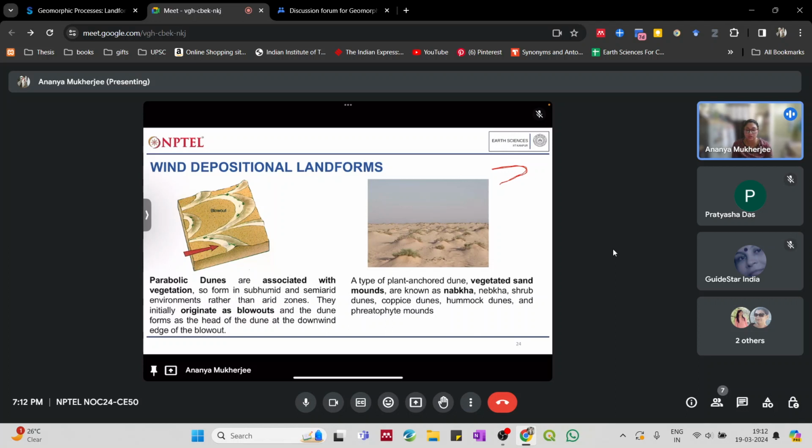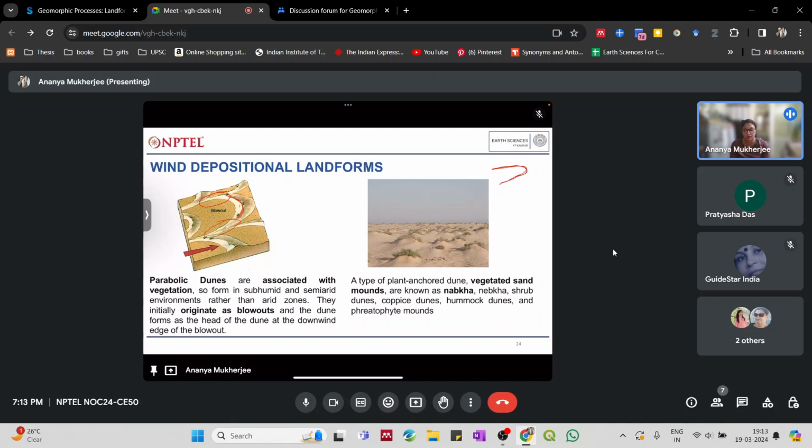Usually these are anchored dunes because the sand cannot advance, or the dune cannot move from one place to another. The crest part cannot move due to the presence of vegetation. So only the wings or arms of the dunes are free to move and advance forward, and hence you have longer wings on parabolic dunes.